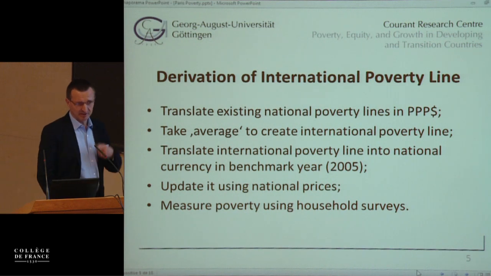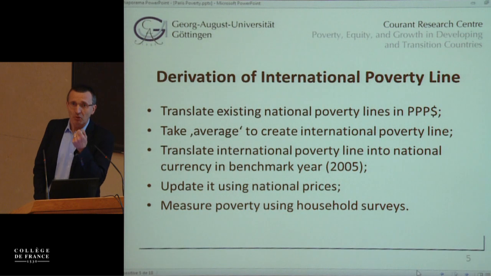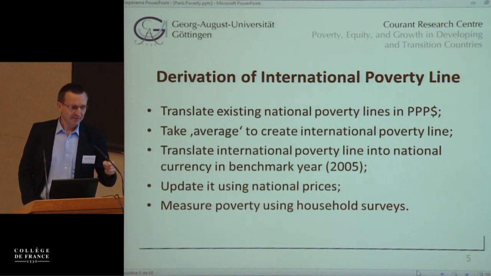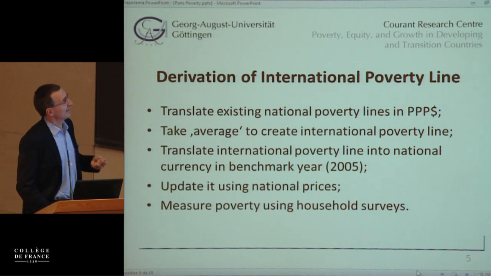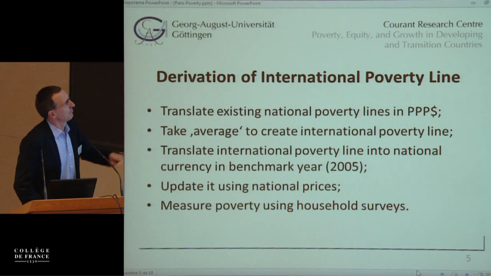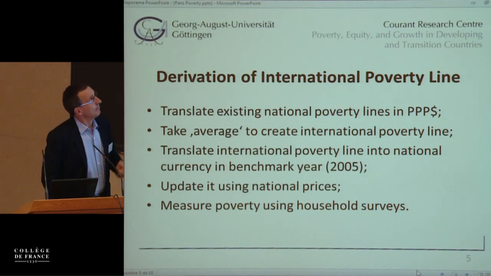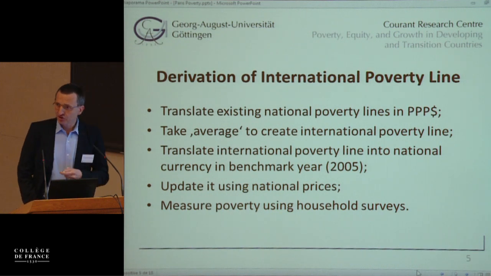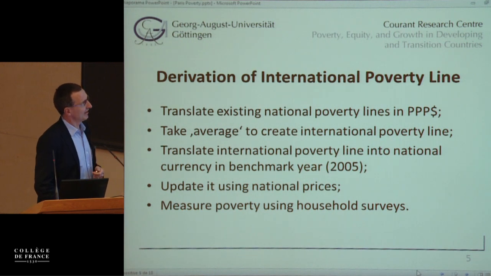It takes a sample in 2008, basically the universe of information that they had available for 74 countries, those national poverty lines. They translate those into PPPs, into international dollars at purchasing power parity, and then take some average, which I'll show you in a minute how they do, to create an international poverty line.